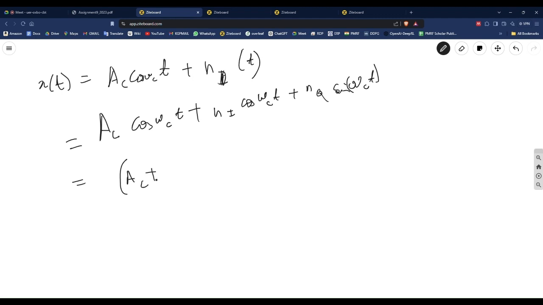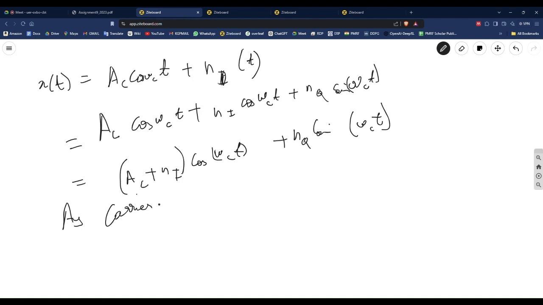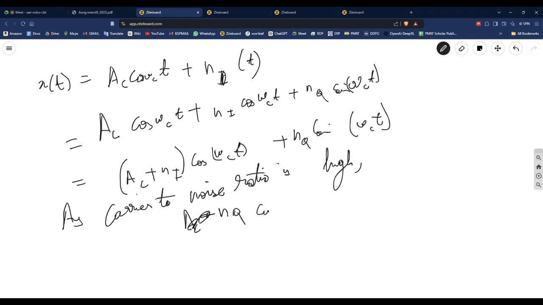This will be Ac plus Ni cos omega c t plus Nq sin omega c t. As the carrier to noise ratio is high, Nq can be neglected.